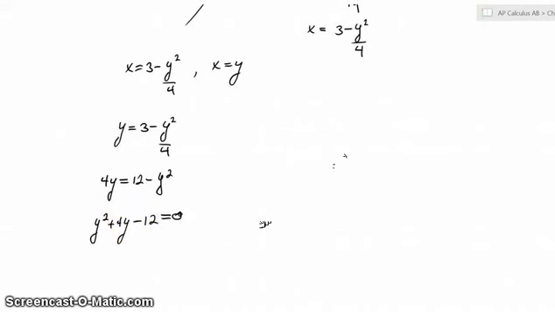And then we can factor that to get the points for y. So in this case, we're going to have y equals negative 6 or 2.